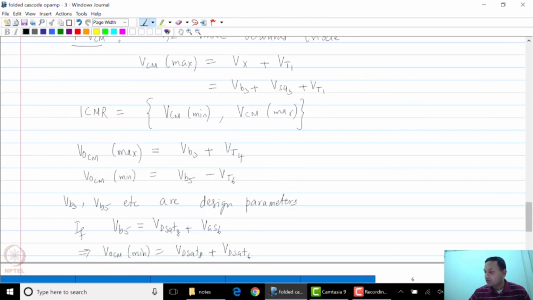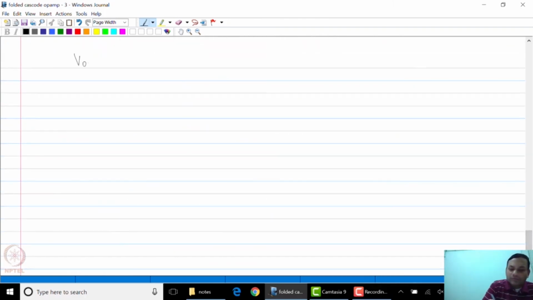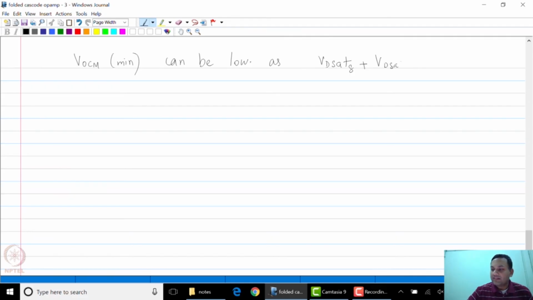So let us just quickly write that down here. So if designed properly, I say can be low, but what this means is that you need to choose VB3 and VB5 etc. carefully. Since I'm writing it as a sum of 2 VDsats, I can just write it as 2 VDsat. In other words, it is VDsat8 plus VDsat6.